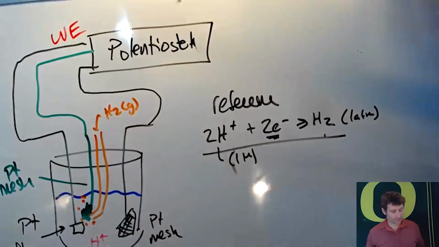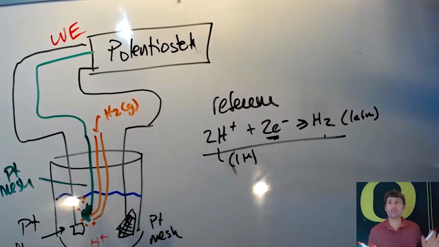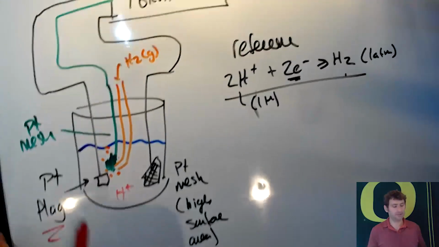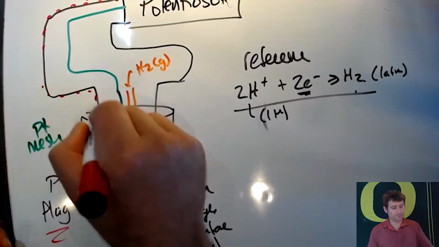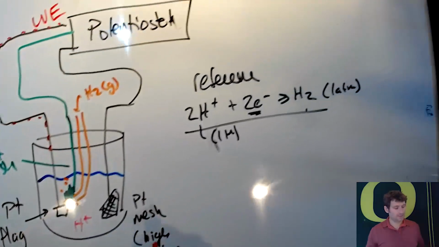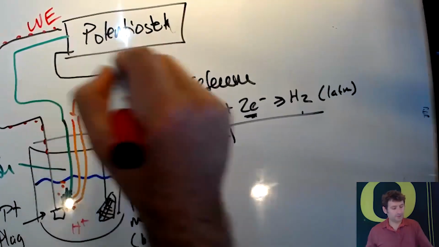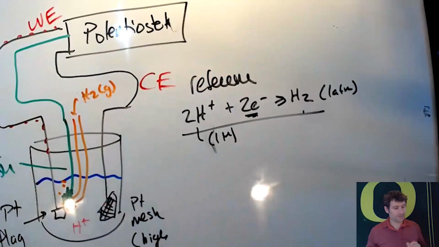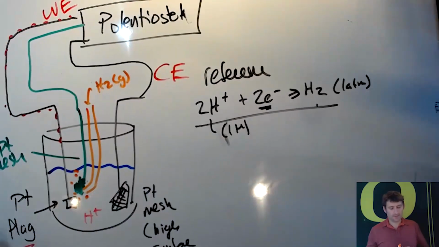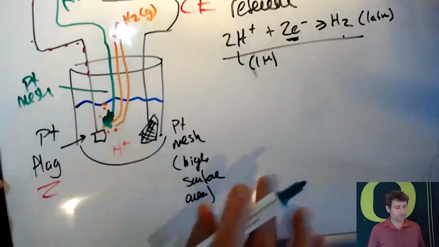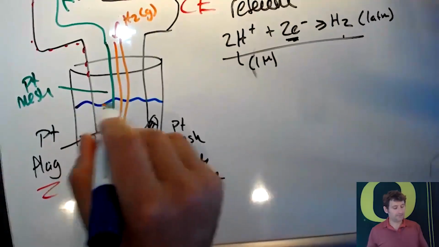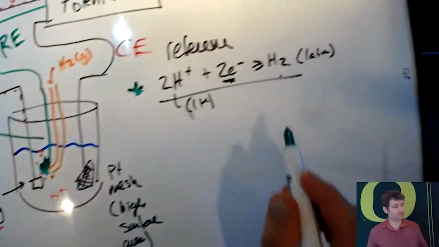So this is where the reaction that we're interested in, that we're going to study, is going to take place. So this is the working electrode, going down here to my platinum flag. And then the counter electrode, we're going to call this one, going to my high surface area platinum. And then the reference electrode is this green guy going to my platinum mesh, where the potential is controlled by this reference reaction.